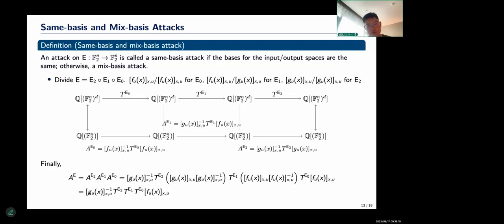In this way, we can make the mixed basis attack easy to apply, because we can always choose E1 as a very simple layer of S-boxes. Then for the S-boxes, it's easy to construct the transition matrix with different bases. So here it's actually very similar to the boomerang connectivity table, where we divide the cipher into 3 parts, and in the middle part we do the switch.